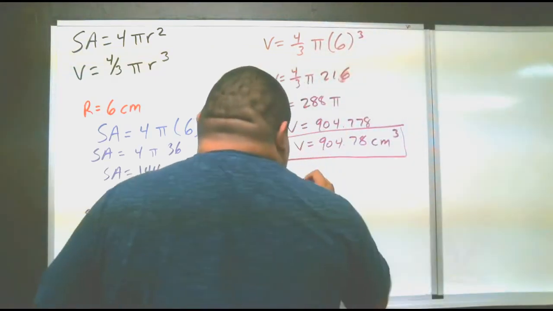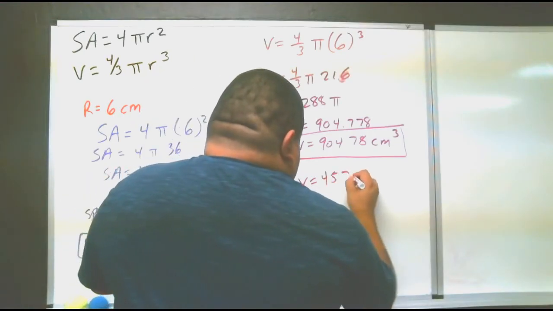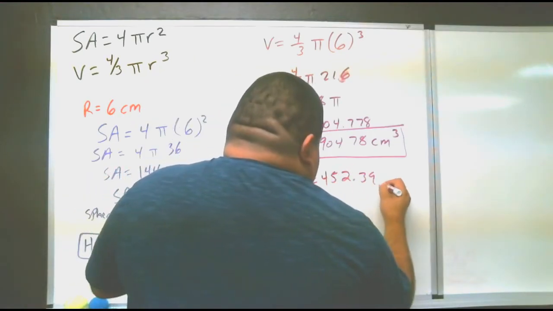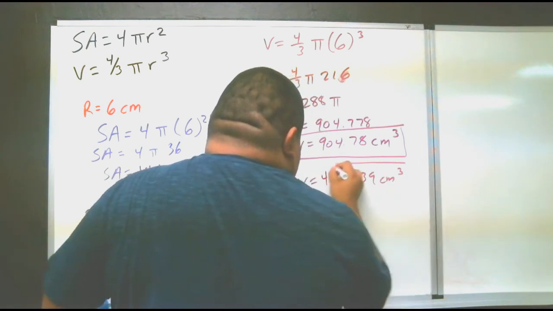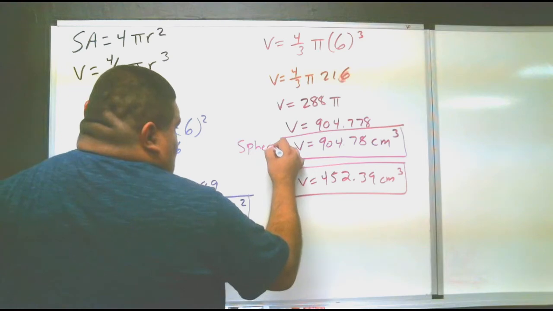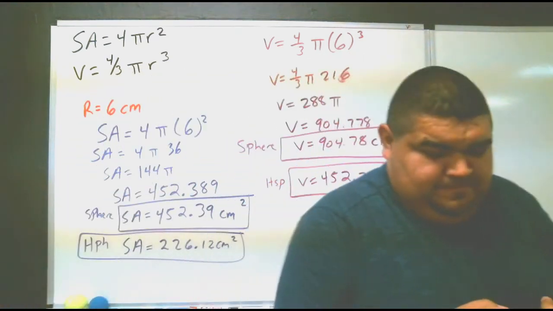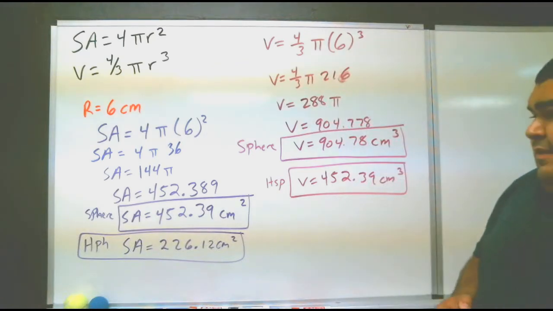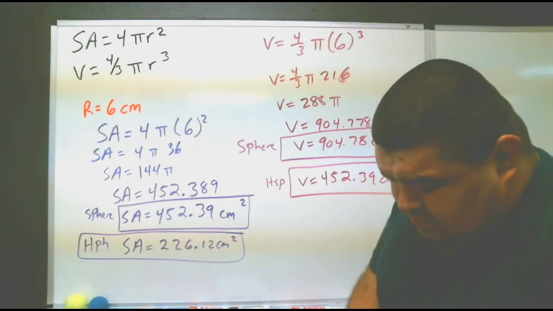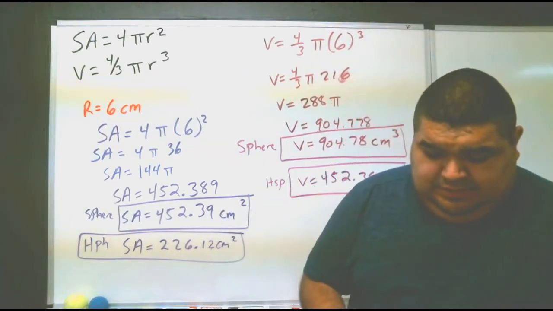So the volume of a hemisphere is 452.39 centimeters cubed. So sphere, hemisphere. And that's it. We are done.